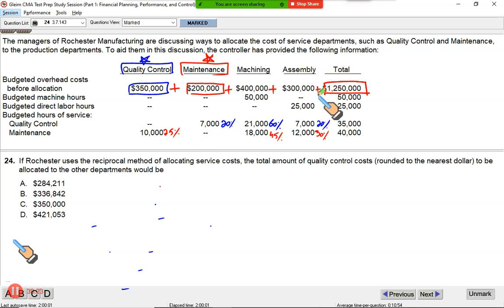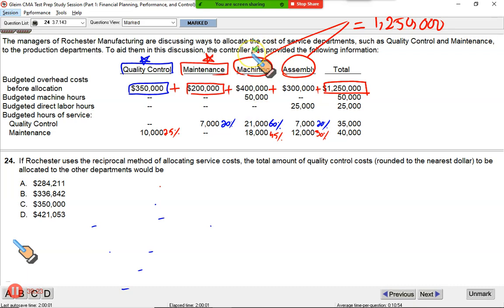Whichever method you are talking about, whether it is direct, step down, or reciprocal, the service cost should eventually fall in machining and assembly, and their total must be equal to 1.25 million. That is our end conclusion, because eventually the service departments of quality and maintenance should fall in machining and assembly.